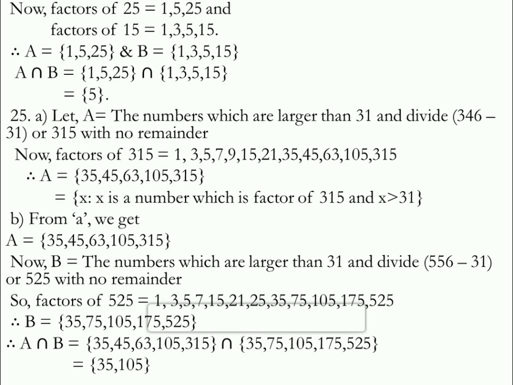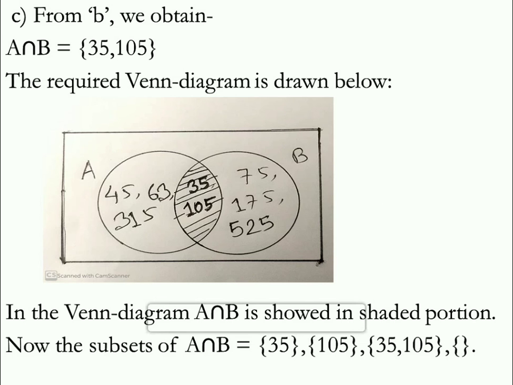Now in C, we have to show this A intersection B in a Venn diagram. Already we know how to draw a Venn diagram. We also have to write the subsets of A intersection B. From B, we have A intersection B is 35 and 105.